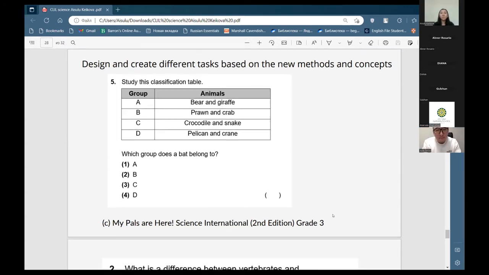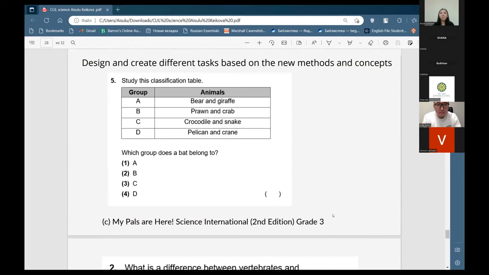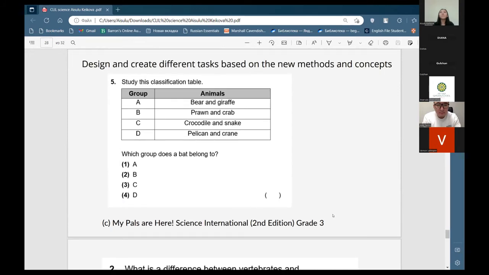It shouldn't be perfectly ideal like bat. We can come to this bat later on, but at least we can show them the classification system, and then they will try to come to a little bit of details, and maybe some exceptions.